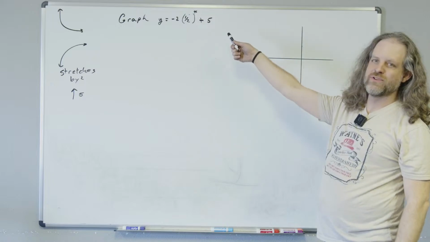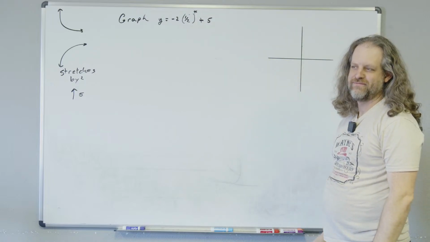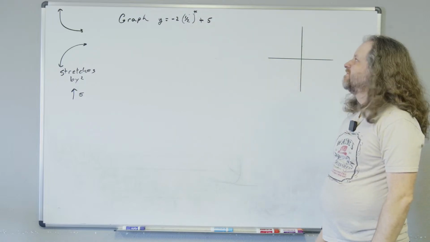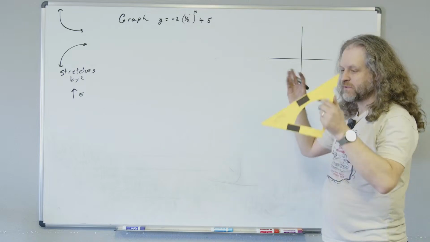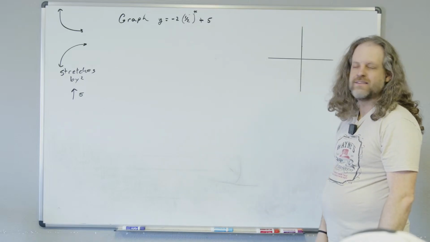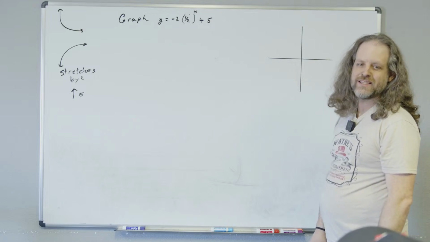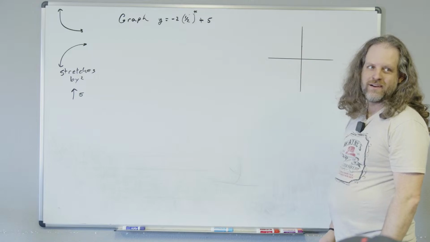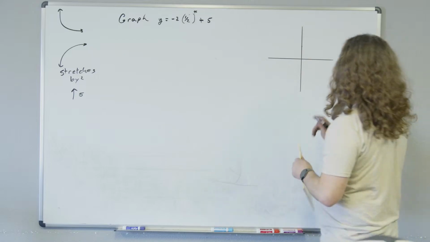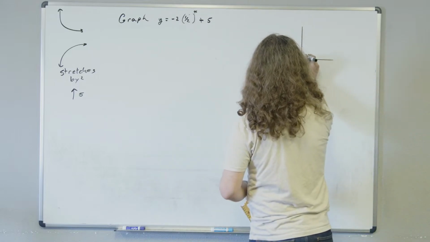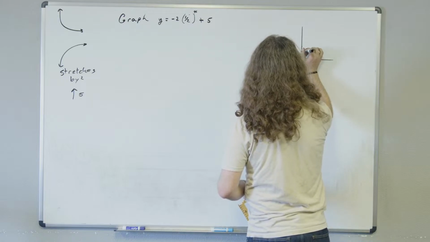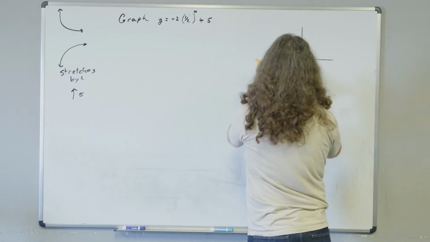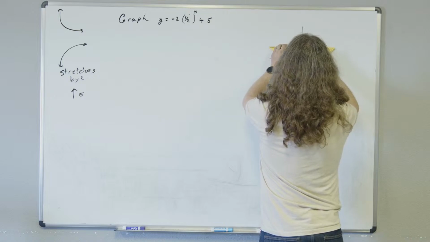One of those numbers moves the asymptote. Which one? -2 flips it over and stretches it out. 5. The 5 moves the asymptote. So which direction is the asymptote going to move? Up 5. So the first thing we could do is go up 1, 2, 3, 4, 5, and dot in an asymptote.